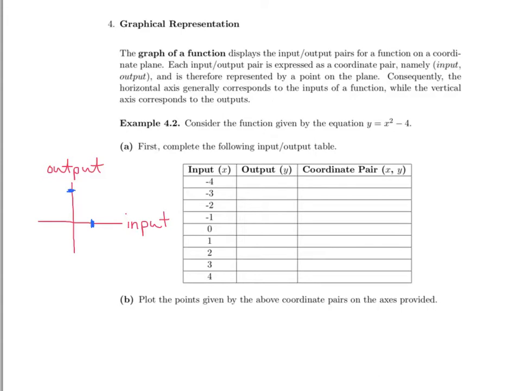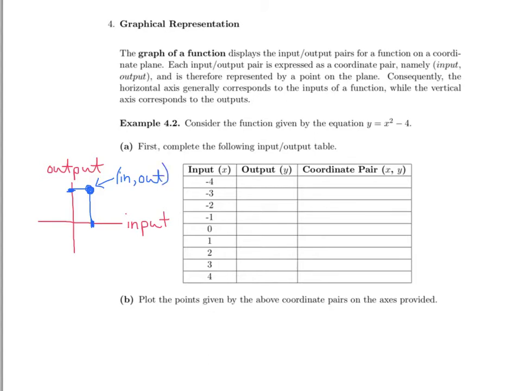So these two numbers represent an input-output pair for this function, and for a graph we look at the intersection of this input and this output, and that gives us a point right there. That point has coordinates input, output.